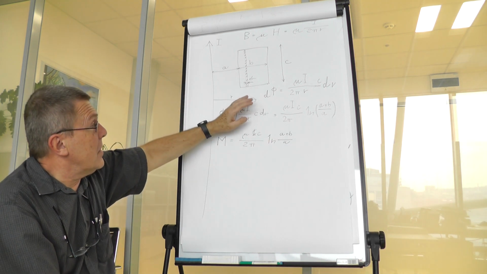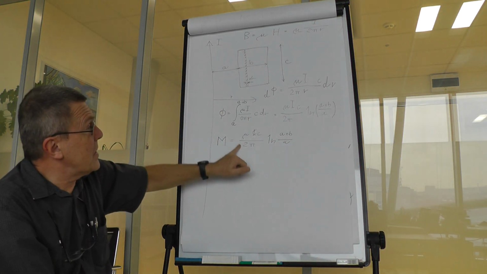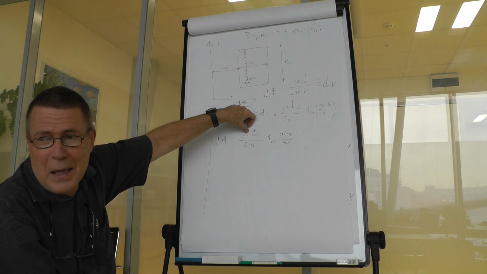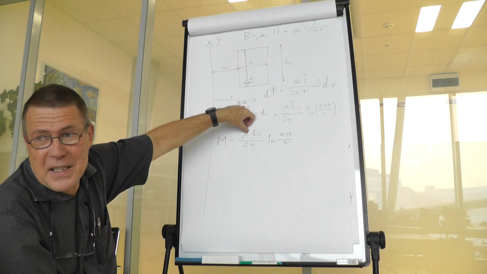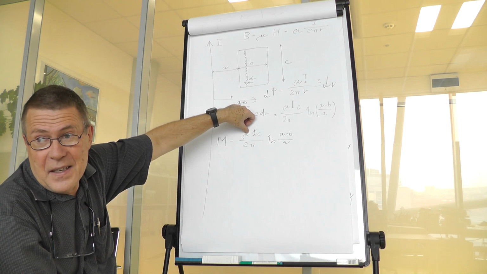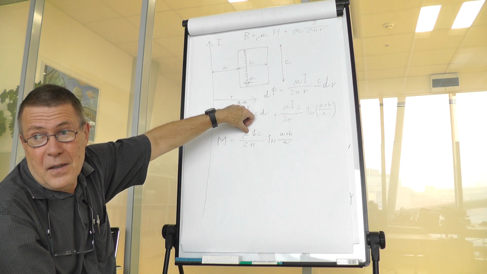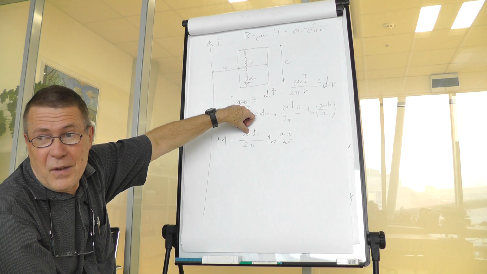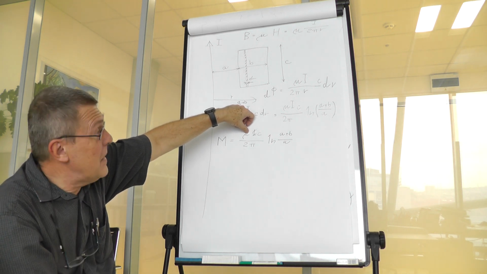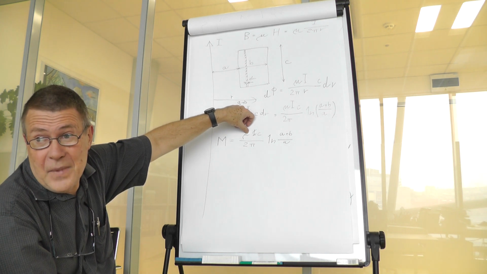And now you get the rest of the equation. The important point is that mu is the permeability, in this case the permeability of the air, which is 4 pi multiplied by 10 raised to minus 7 Henry per meter.